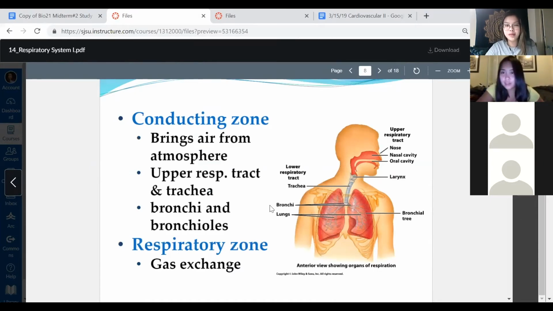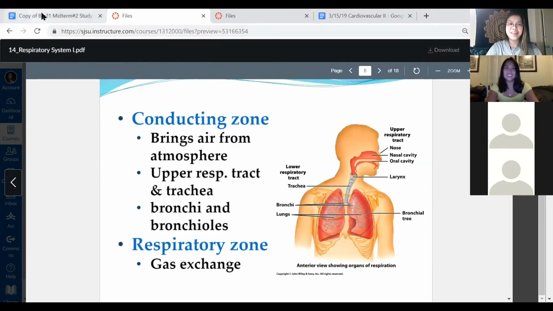The main difference is that the conducting zone brings air into your body, whereas the respiratory zone is where you exchange gases, like O2.